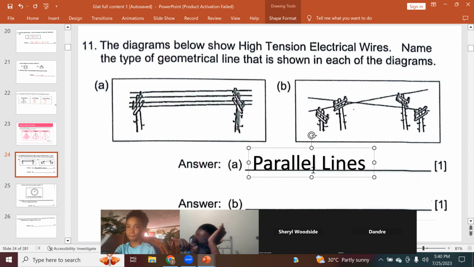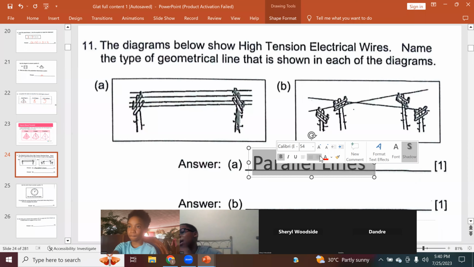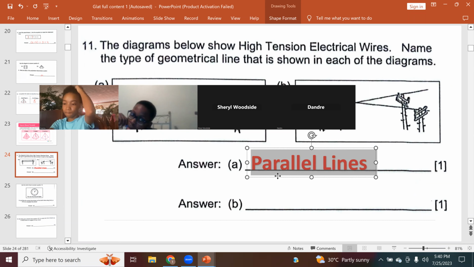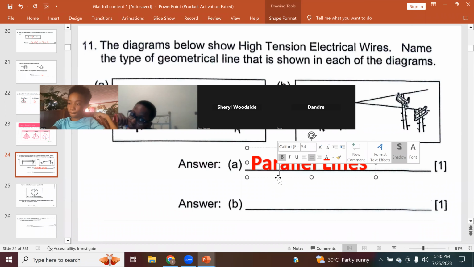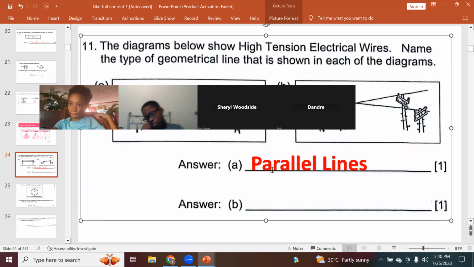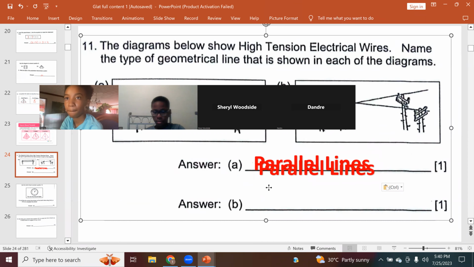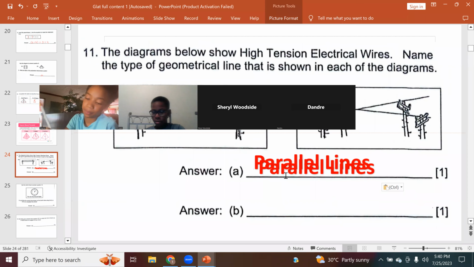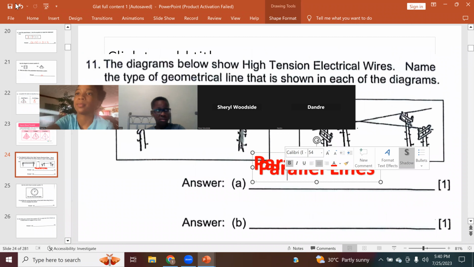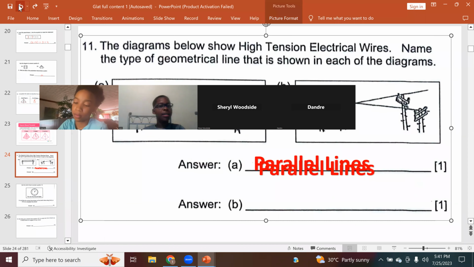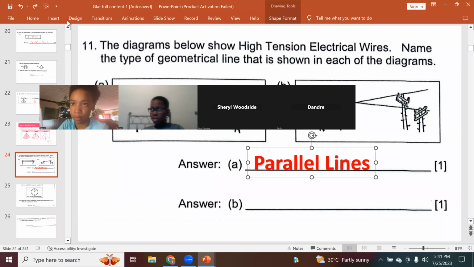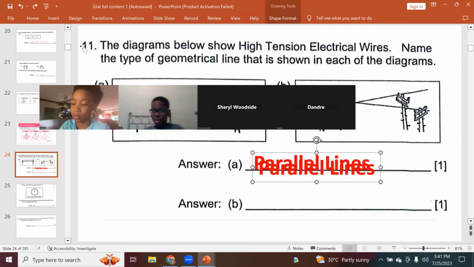And then the next one, so after parallel lines, how about B?